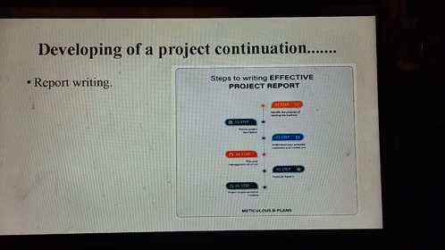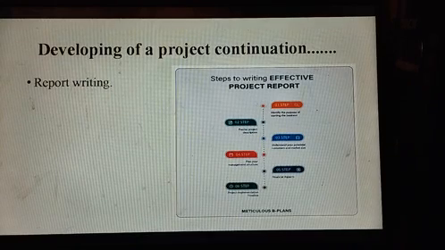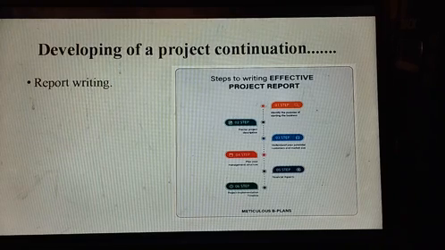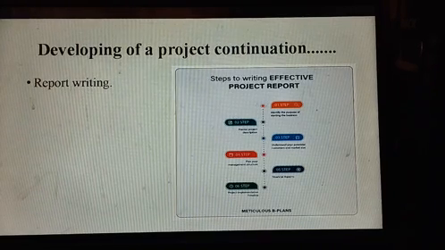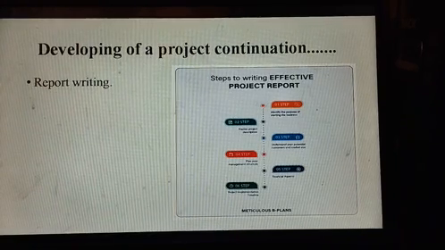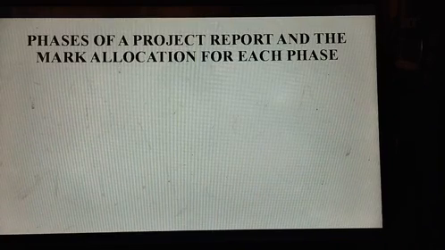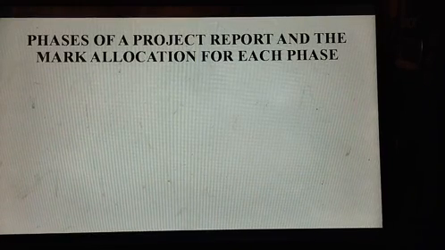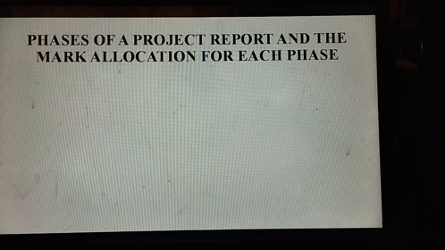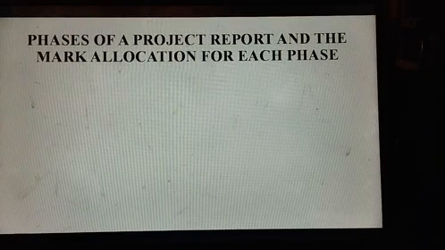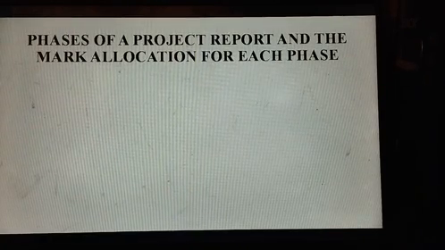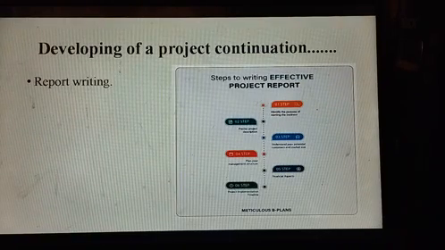And lastly, we have report writing. So those are the components of our projects. So if we continue, we are seeing phases of a project report, and here we even have the mark allocation of each phase. So let this be our lesson number 5. We shall start from there, lesson number 5.